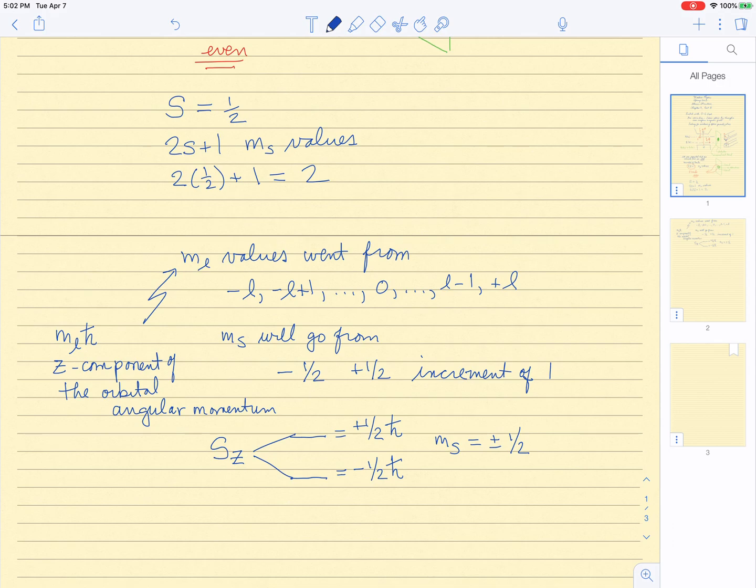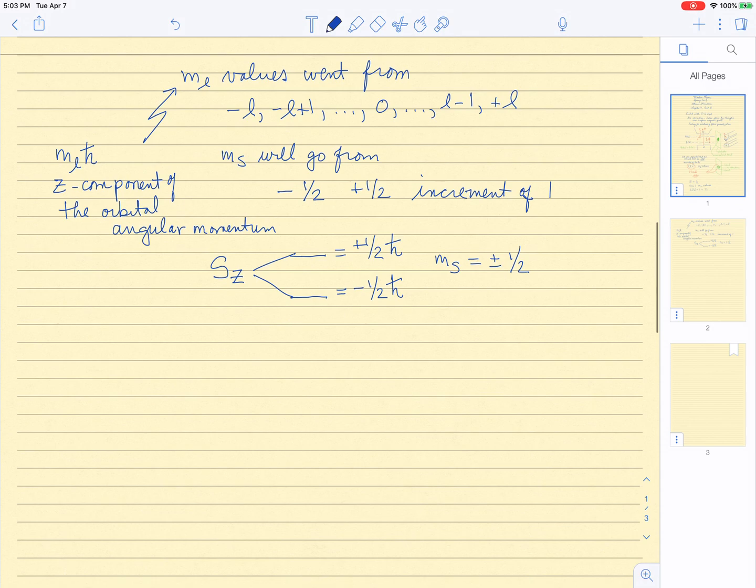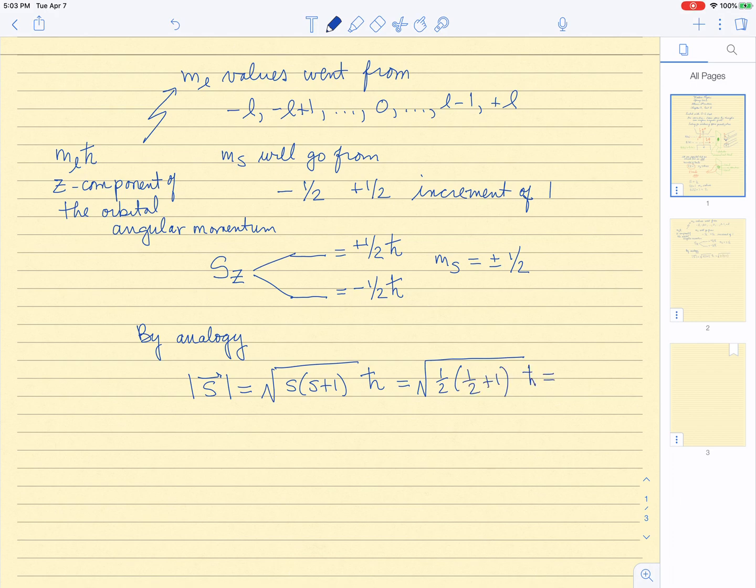Again, by analogy, the magnitude of s is going to be equal to the square root of s times s plus 1 times h bar, which would be equal to the square root of 1/2 plus 1 times h bar, which is the square root of 3/4 times h bar.